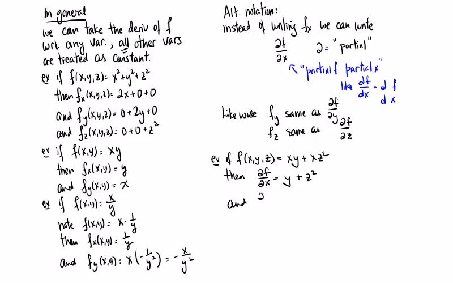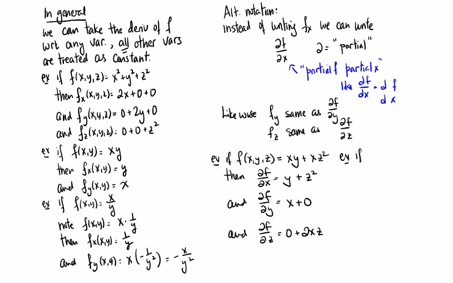I'm taking all possible partial derivatives right now, just for exercise. Partial f partial y is x plus 0, and partial f partial z is 0 plus 2xz. It might take a second to adjust to those. That's okay.